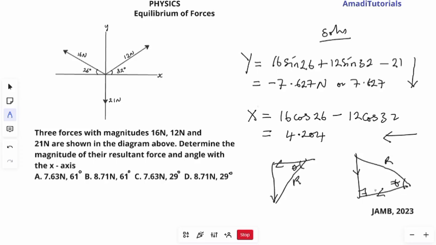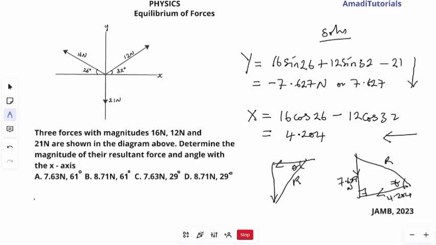So if I'm to solve using this second one, our y here is 7.627 Newton, and our equivalent x here is 4.204.